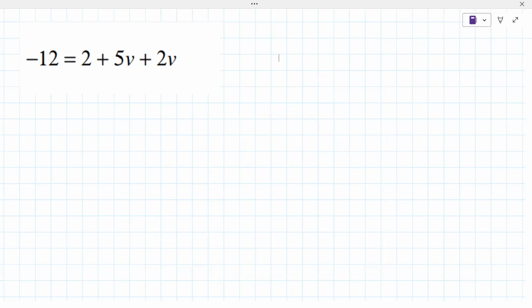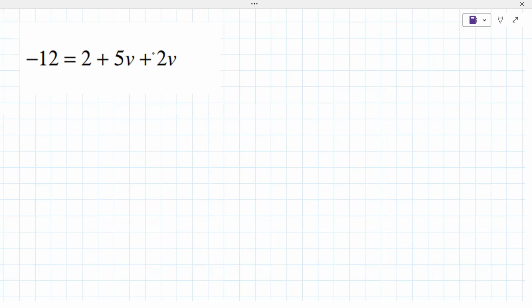Okay, why don't you try this one here? So then 7v, so v equals 2, sorry.